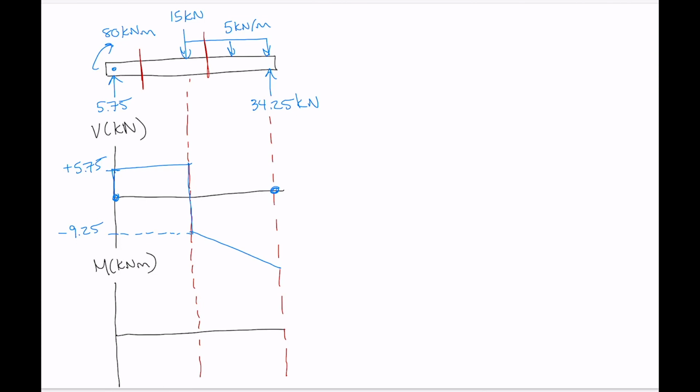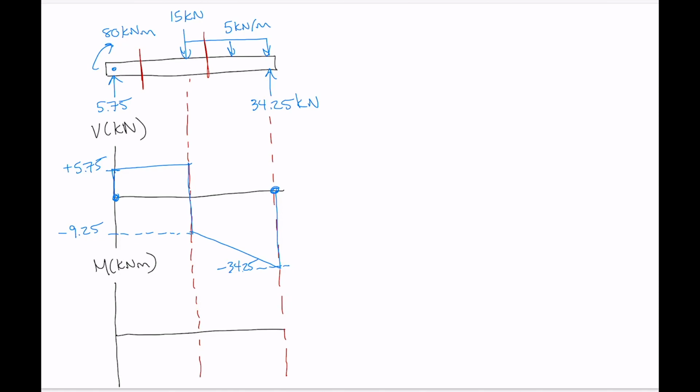So something that looks like this. Now again, the value that we end up with, we actually know it has to be minus 34.25, because we have a point load 34.25 upward and we need to get back to 0, so this must be minus 34.25.